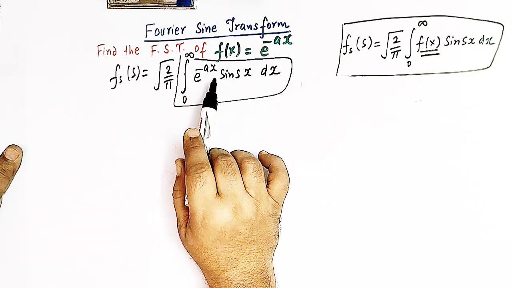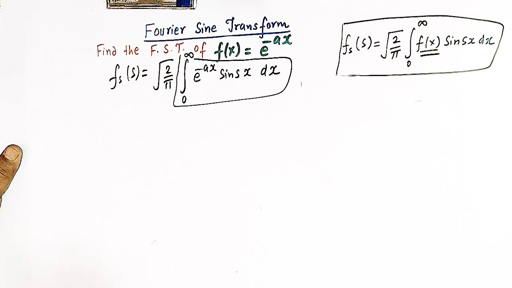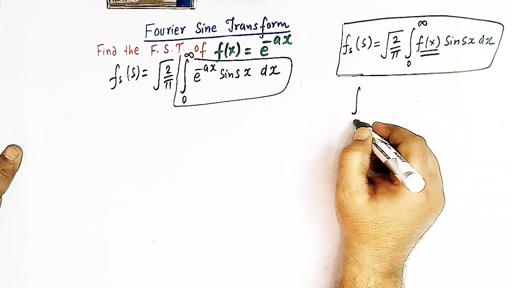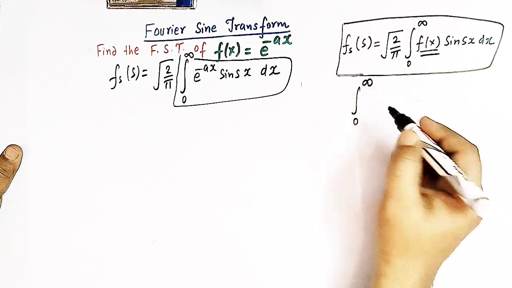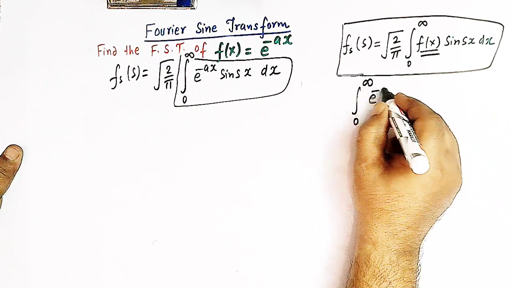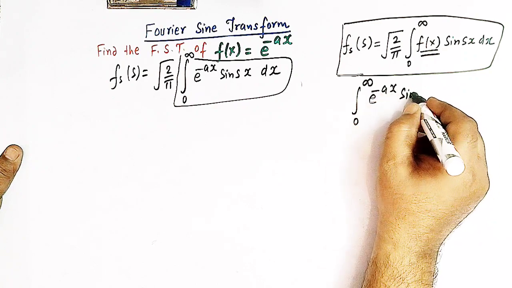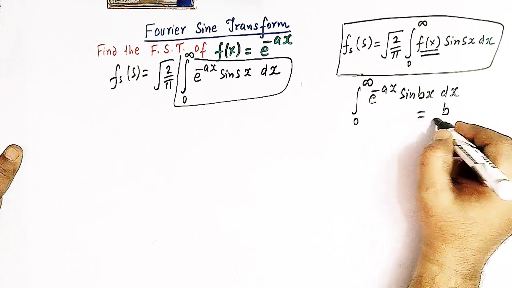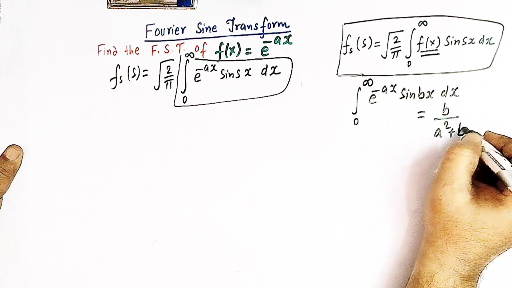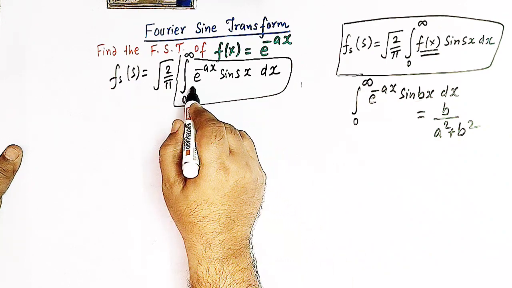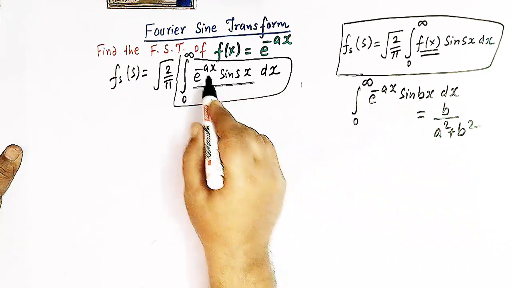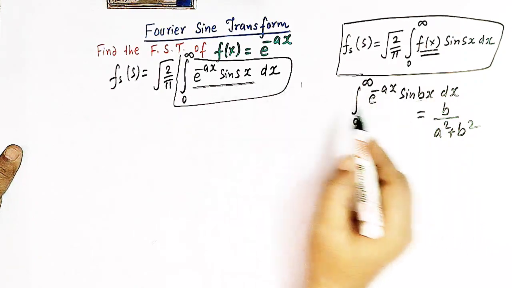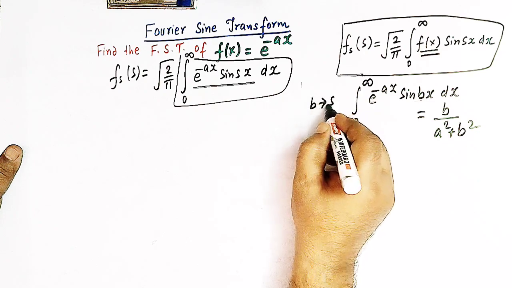So to get the value of this integral, we'll make use of a standard result, and the result goes like this. The integral 0 to infinity e raised to minus ax sine bx dx is given by b over a square plus b square, right? So if we compare this integrand with this one, then here we have a and here we have b. So we can replace b by s, right?